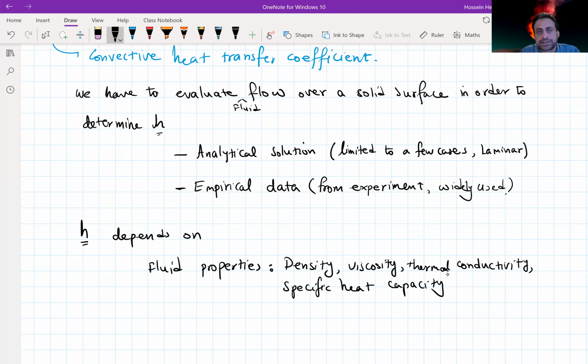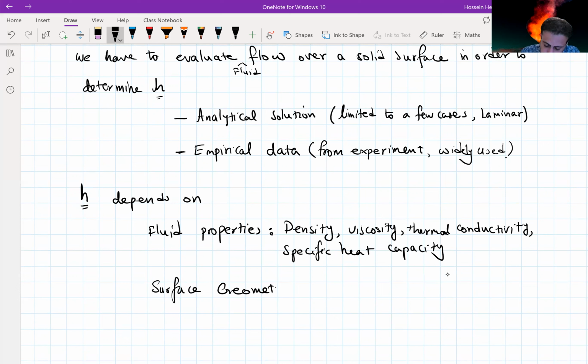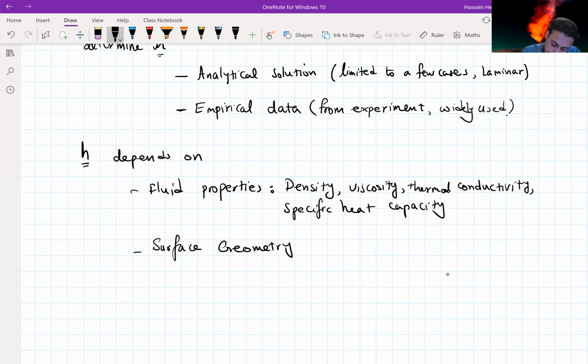Essentially everything that is related to the fluid properties. It also depends on the surface geometry of the solid and flow condition.